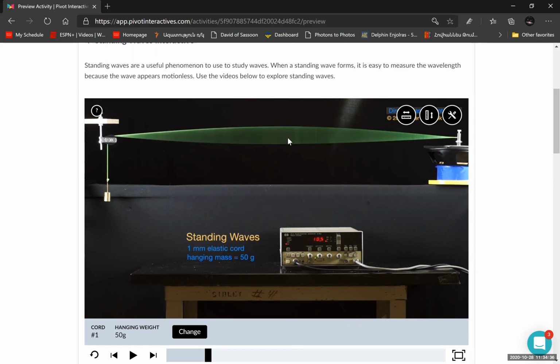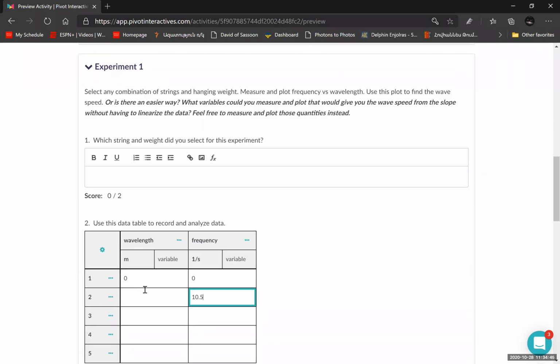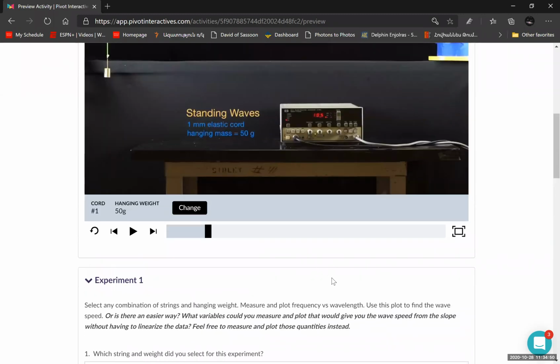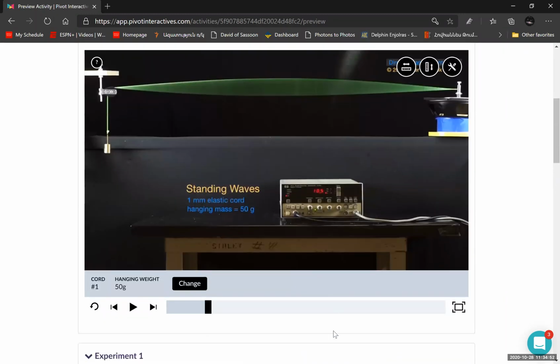That means lambda equals 2 times L over 1, and L is 1 meter, so 2 meters. Using this equation where lambda equals 2L over N, with L 1 meter and N 1, we get 2 meters. Because in the 1 meter active length, you're only seeing half of the wave, so the wave is actually 2 meters long.